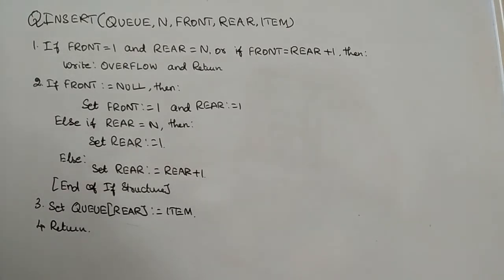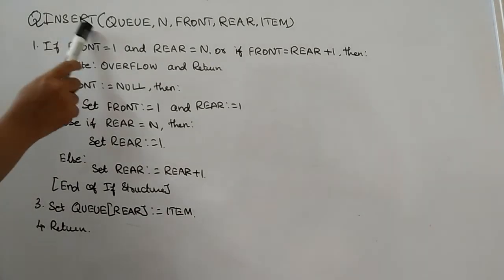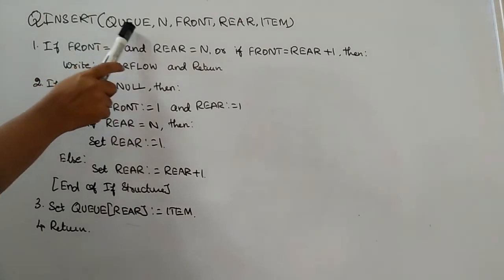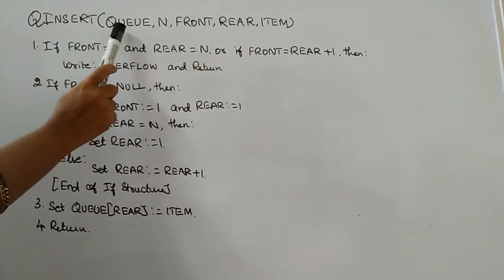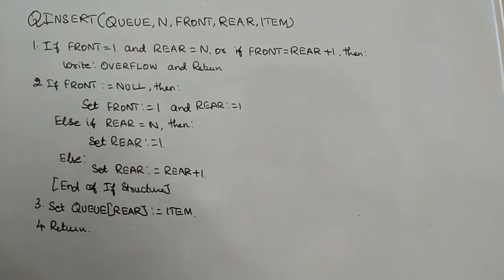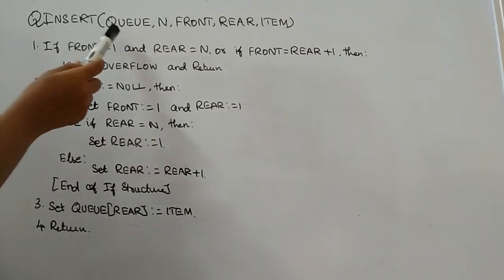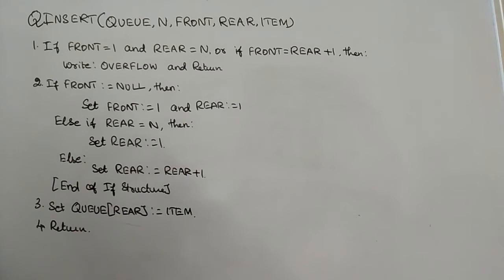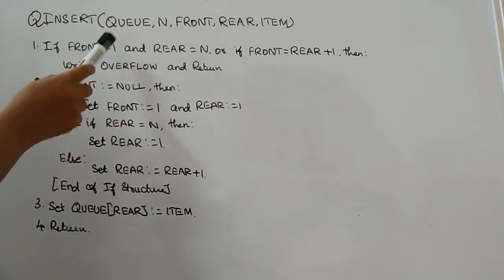So here I have defined one function as q insert, in which I am passing the arguments q. Q is nothing but the name of an array. Here I am going to implement the concept of a queue with the help of an array only.